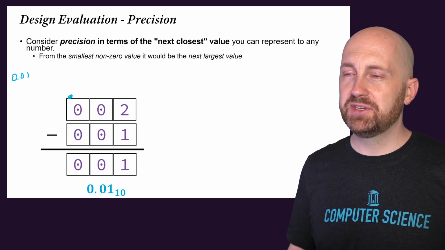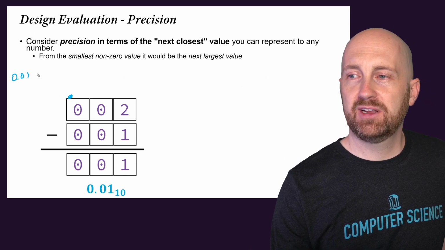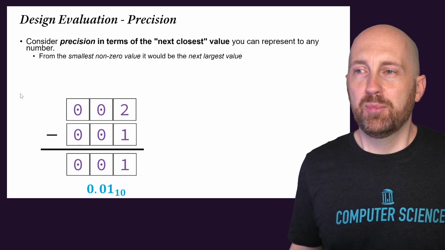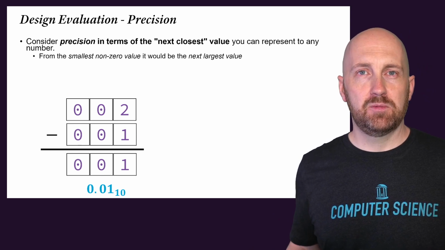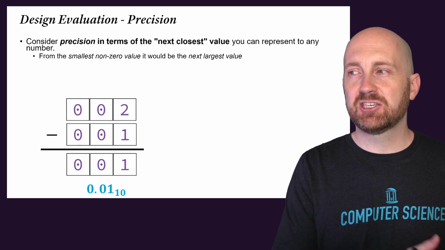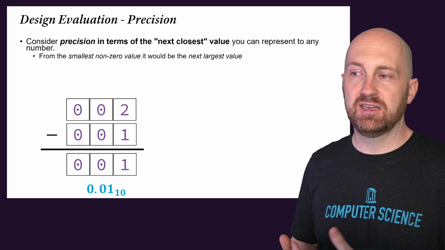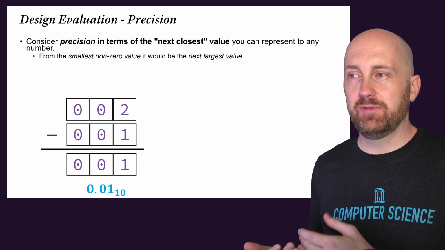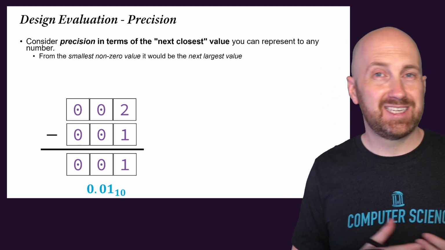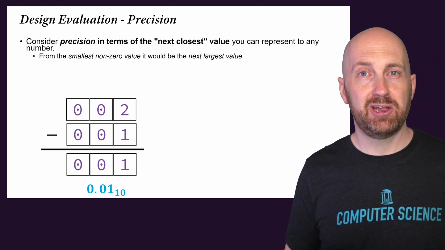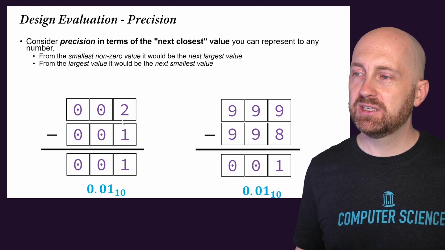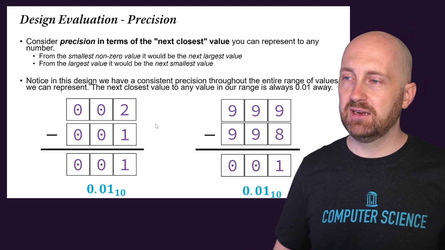So how do we think about precision? This is an important factor to consider when thinking about floating point numbers. Precision is, we can think about as, what is the next closest value we can represent in some encoding. From the smallest non-zero value, we're asking what is the next smallest non-zero value and how far apart are these two values?